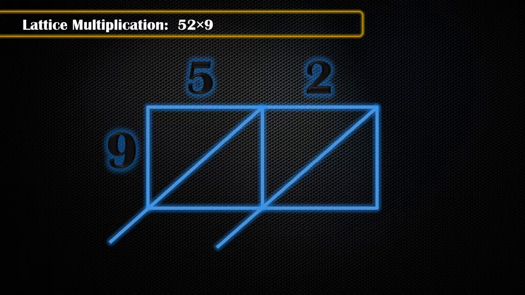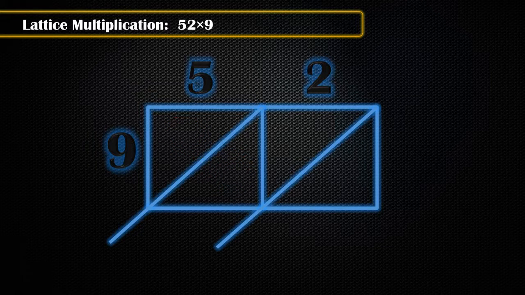And now what we will do is that we will multiply like this, 5 multiplied by 9, and the answer will be right here. And then 9 multiplied by 2, the answer will be right here in these two squares. This one right here will be for the tens, and right here for the ones.